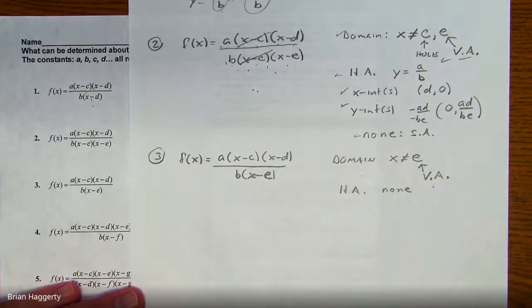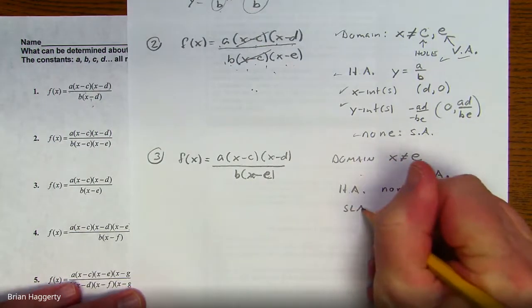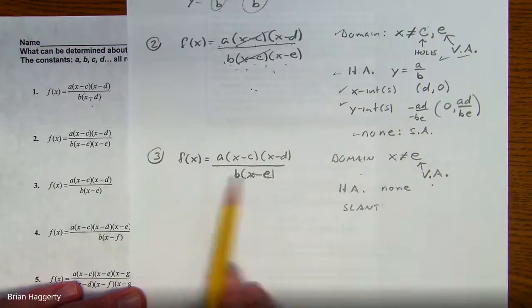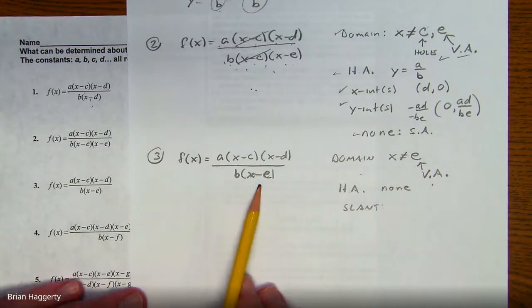Now, if there's no horizontal asymptote, we'd have to ask the question, is there a slant? If the degree of the top is exactly 1 more than the bottom, the 2 is 1 more than the 1, then there is a slant. Now, finding it in this form, that would be cruel and unusual punishment.